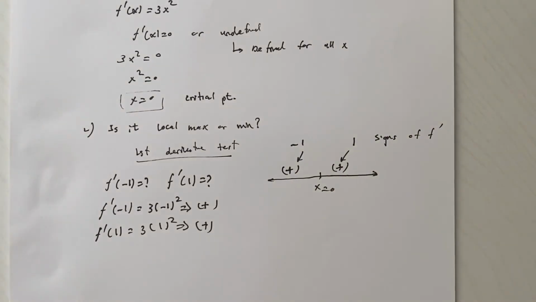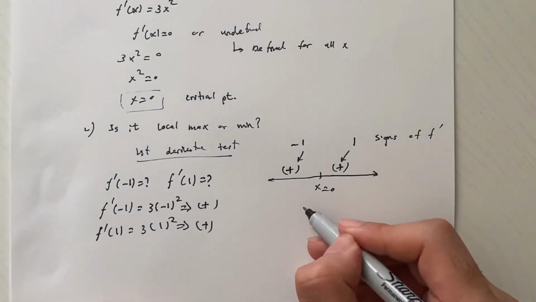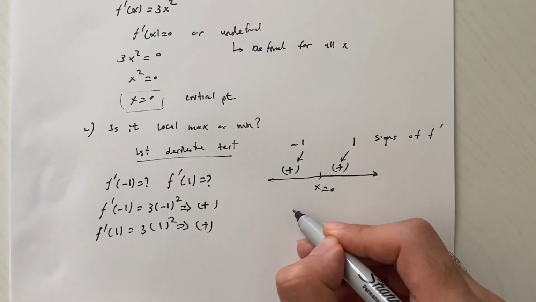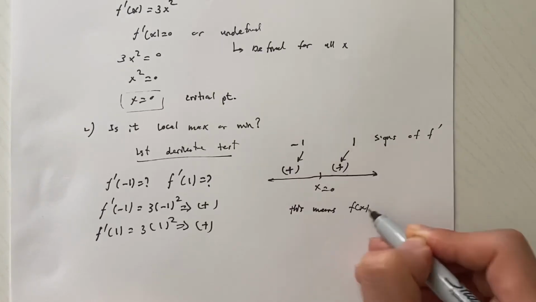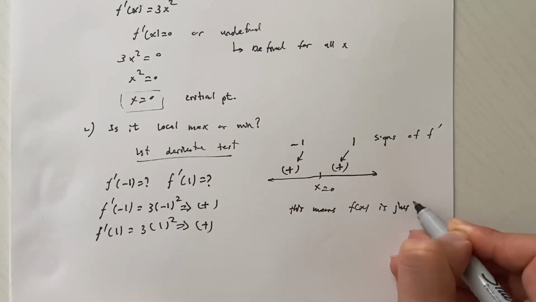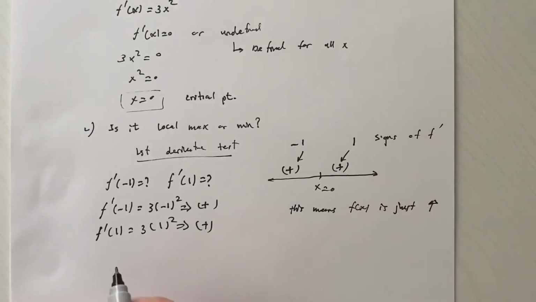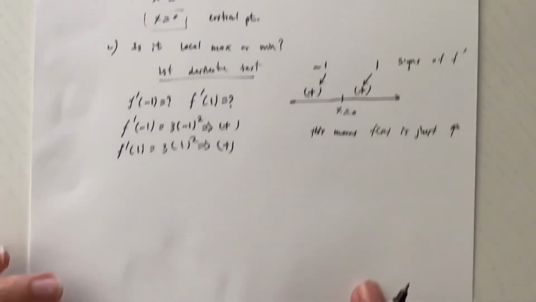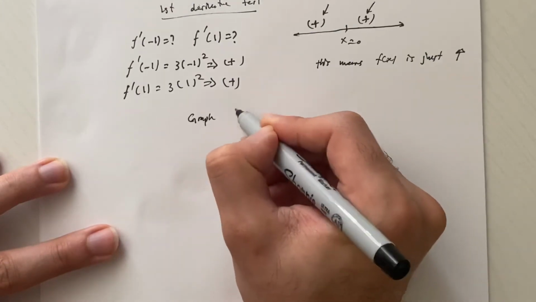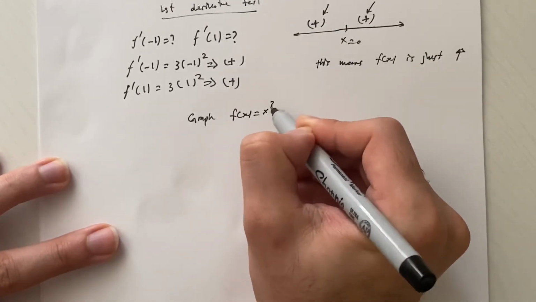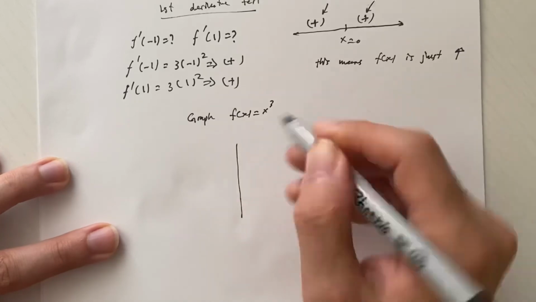So what we notice here, the signs around x equal to 0 do not change. So the function is just increasing. Therefore, we don't have a local maximum or minimum. It is just called a critical point.